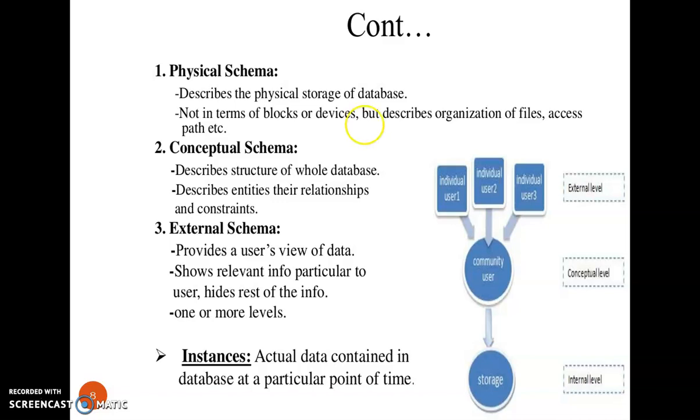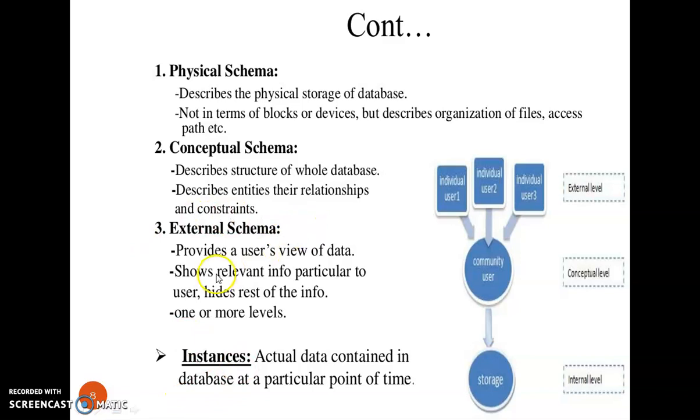Conceptual schema describes the structure of the whole database, and it describes what entities are involved, what relationships are involved between the entities, and the constraints. So all these will be described in the conceptual schema.